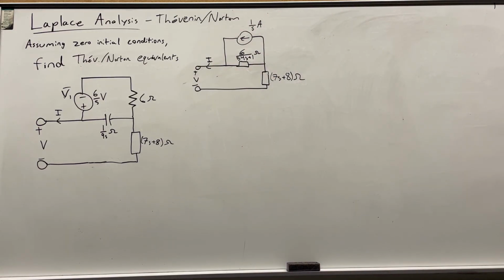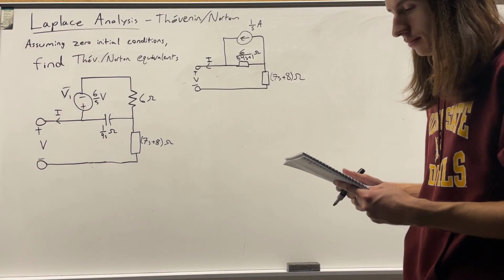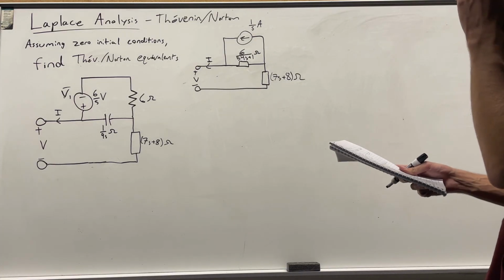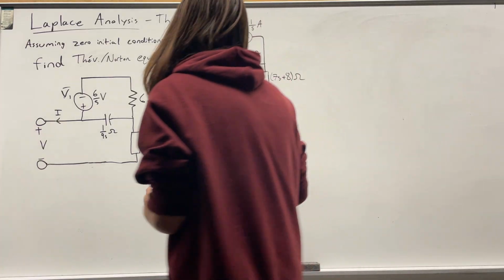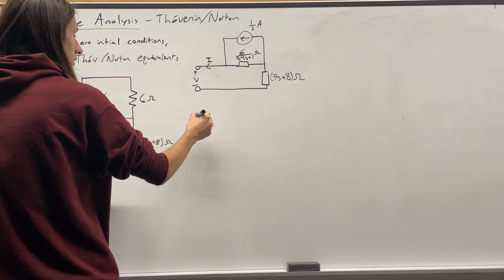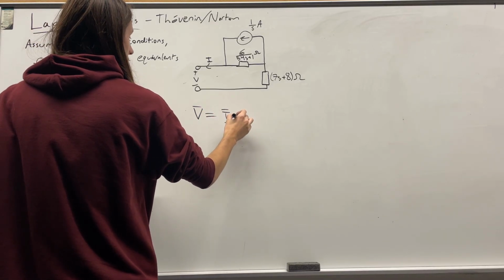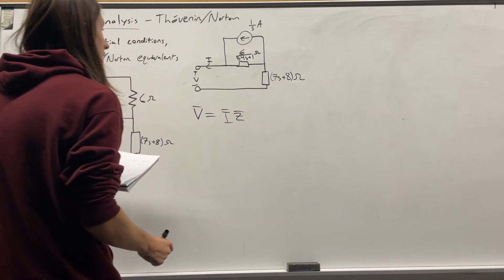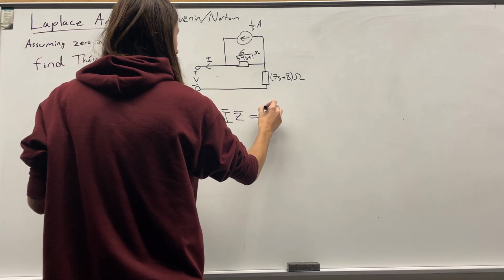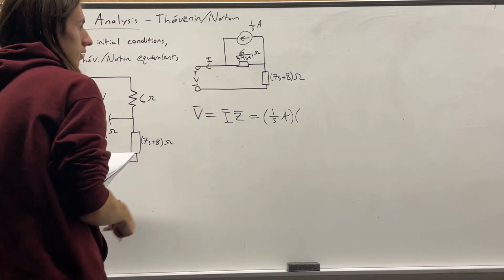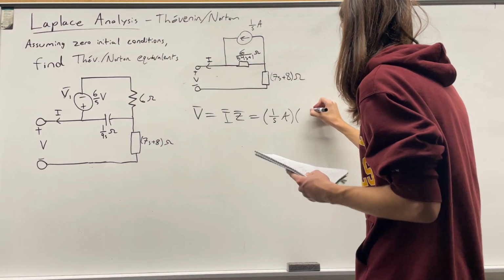Okay, so now to transform this current source, I've redrawn the circuit as it was, and now we have to transform the current source. The value of the voltage source resulting from that transformation will be, say, V equals IZ, where I is 1 over S amps, and Z is 6 over 54S plus 1 ohms.